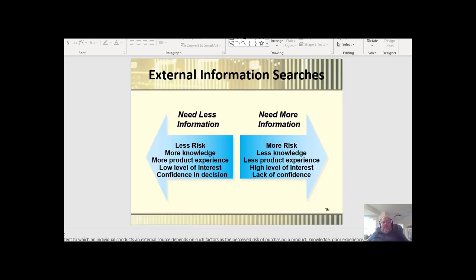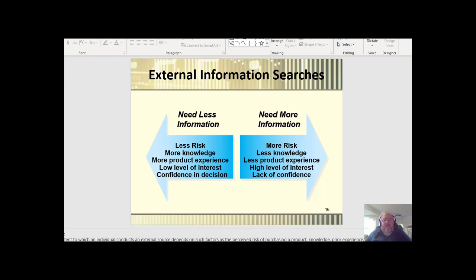Information search is that second step. We know we want or need something, and now we have to look at some information. Do we want less information? We have less risk, more knowledge, more product experience, and a low level of interest.